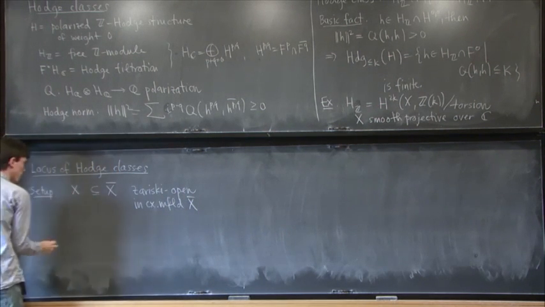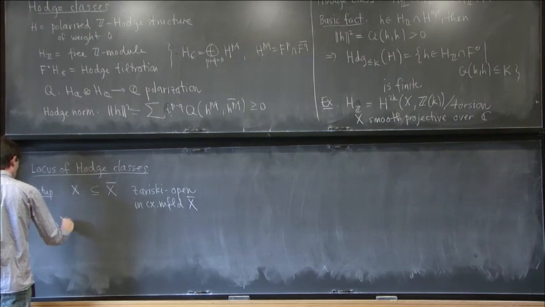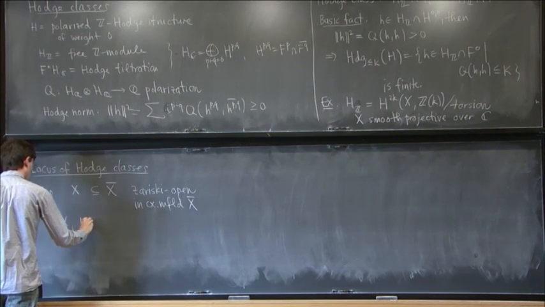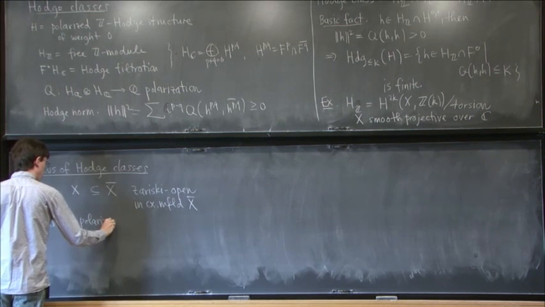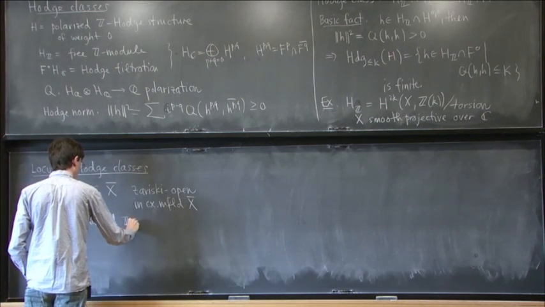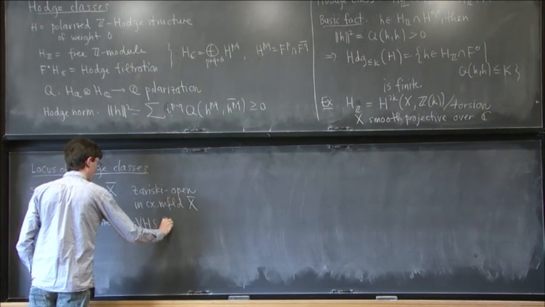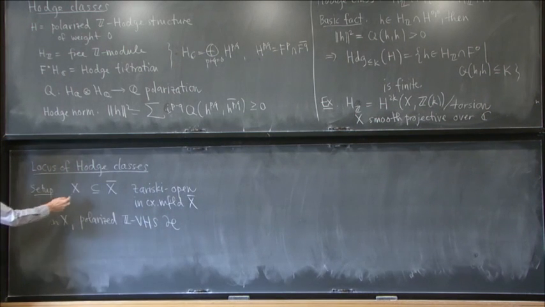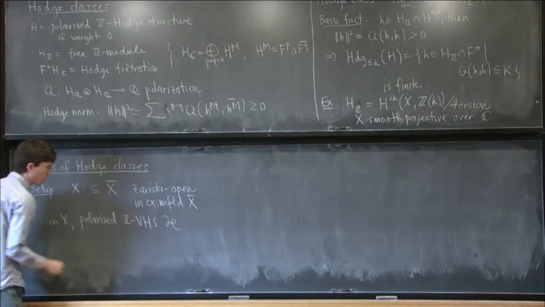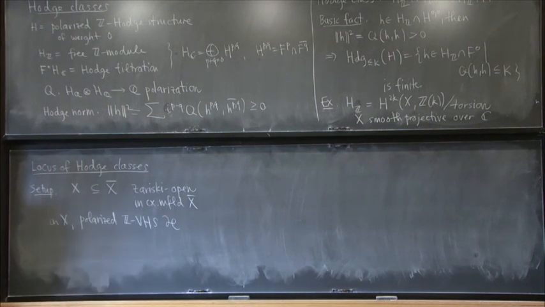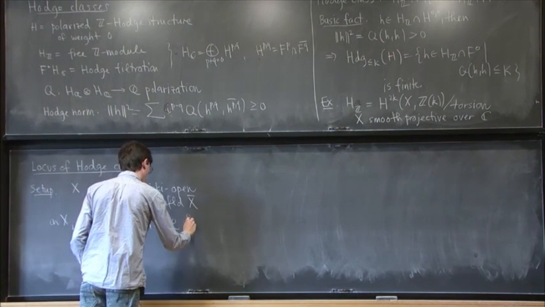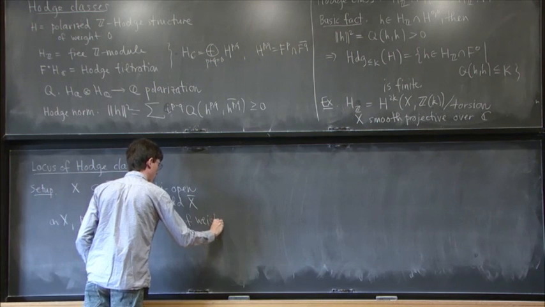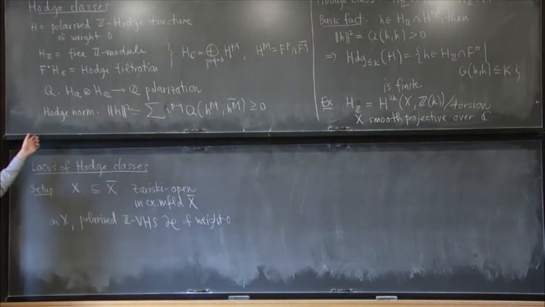And then on this X you have a polarized variation of integral Hodge structure that I'll denote by curly H. So at every point of this X, you have a polarized integral Hodge structure of weight 0. And then I'll use the same notation as up there.